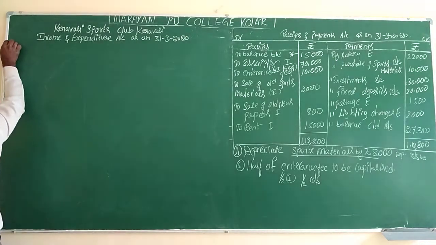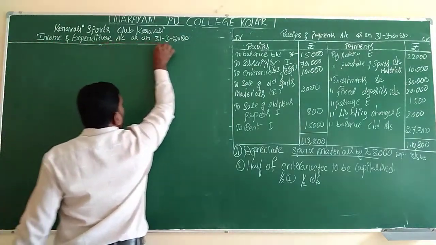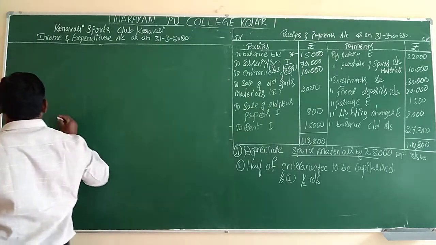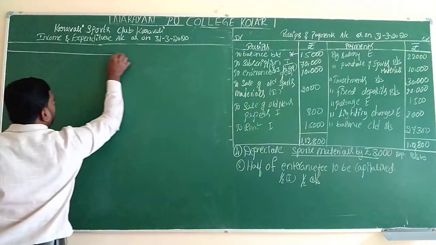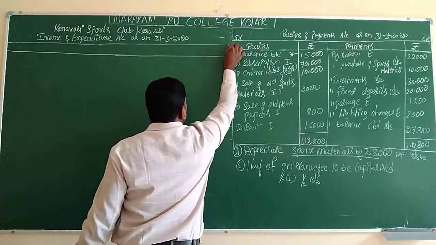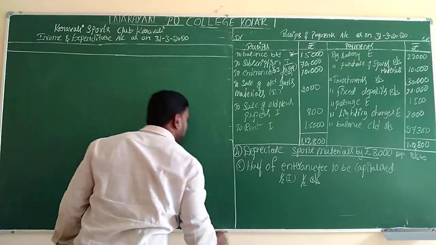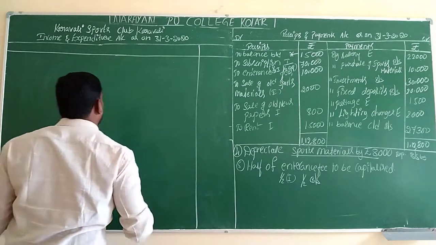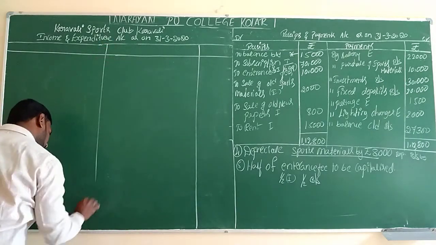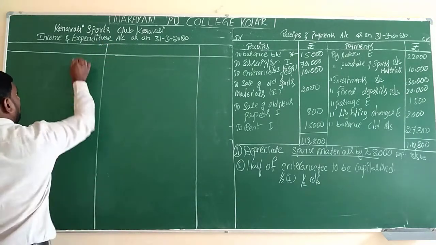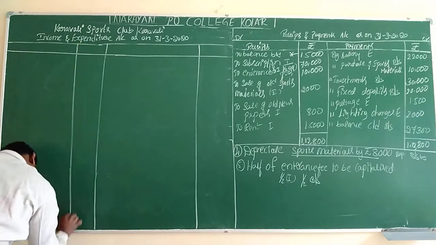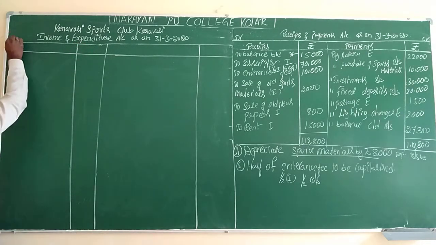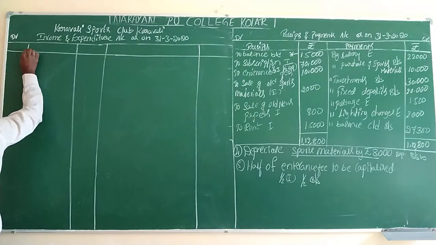We will draw the columns for this. We will write debit and credit compulsorily.